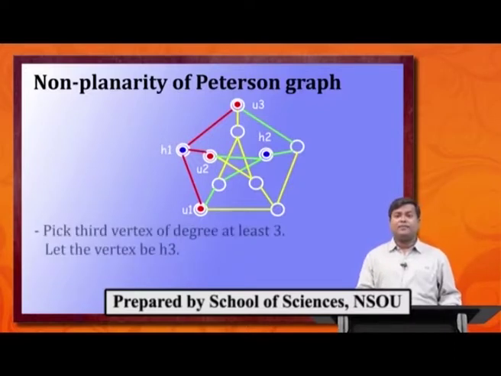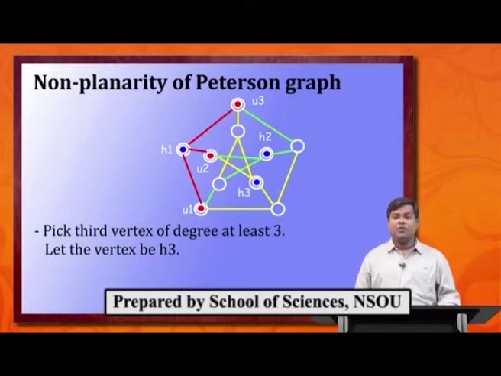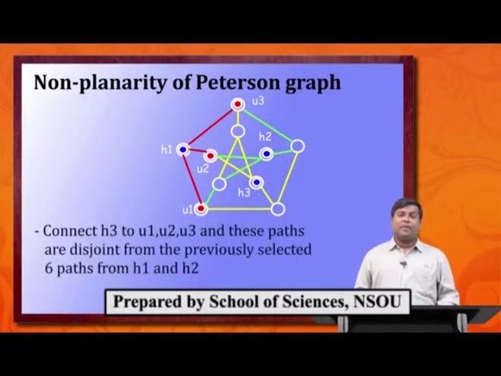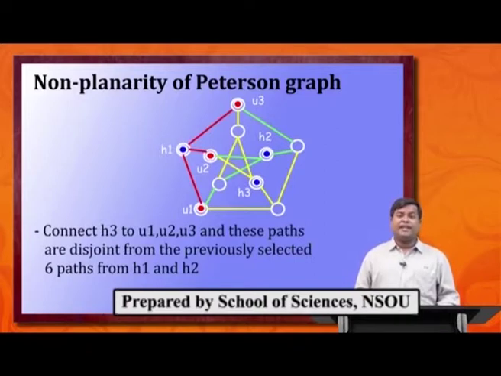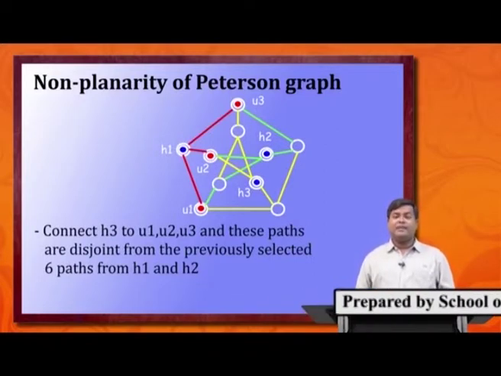Now we need another vertex. Let's find another vertex having degree 3, and we mark it, let's say, as H3. We have marked it in blue. Now we need to find the paths from H3 to U1, U2 and U3.